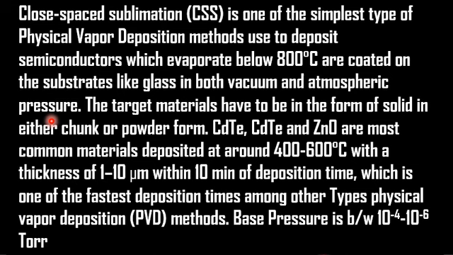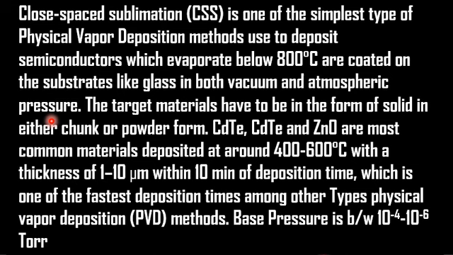So when the mean free path increases, this results in fewer collisions of the evaporated precursor material. So the precursor material will be easily deposited onto the surface of the substrate in the closed space reaction chamber without any collision with each other and also without any collision with the reaction chamber.